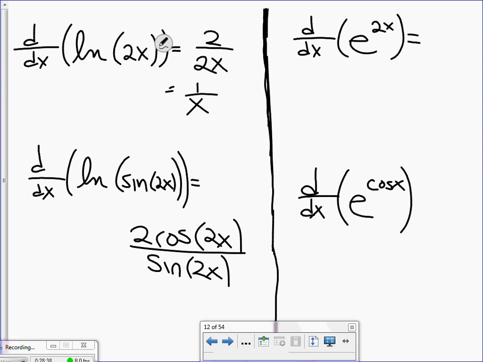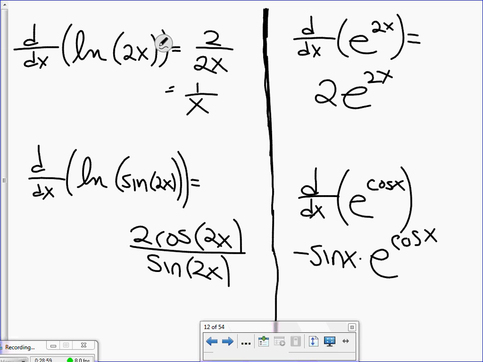You got to know that's e to the u times u prime. What are we going to get for the derivative of e to the 2x? 2e to the 2x. That's e to the 2x times 2. What's the derivative of e to the cosine x? Negative sine x times e to the cosine x. E to the u times u prime.